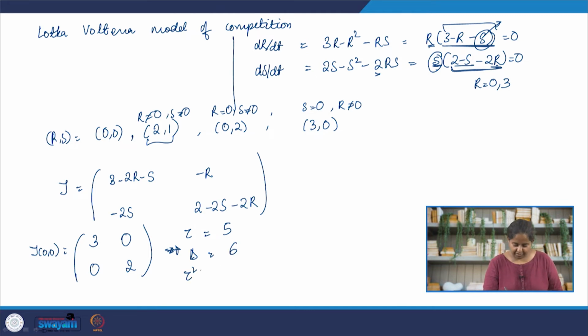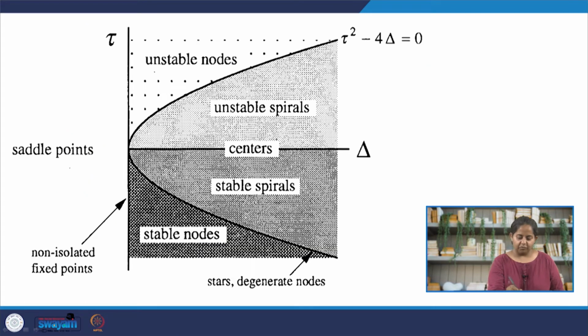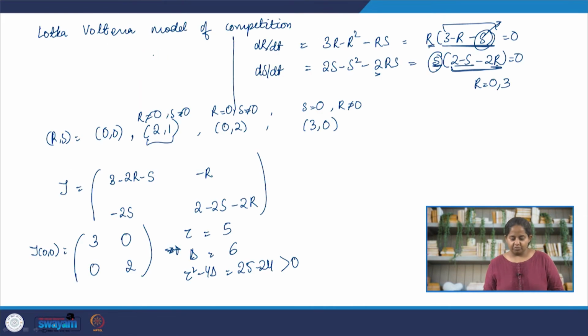Now trace tau square minus 4 delta, so above the curve. So what quadrant are we dealing with? We're dealing with the first quadrant and we are not below the curve, we are above the curve. So we are in the case of an unstable node, which is quite intuitive. 0, 0 is going to be an unstable node.